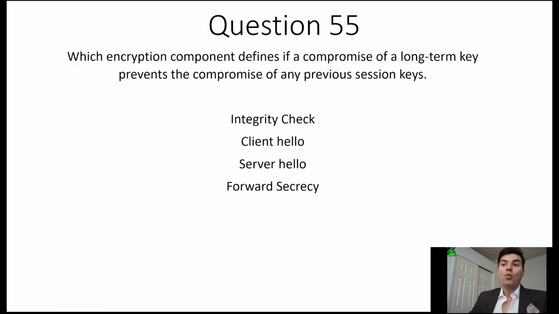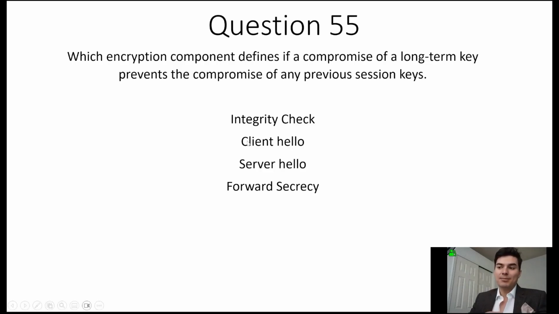Question 55. Which encryption component defines if a compromise of a long-term key prevents the compromise of any previous sessions? Well, we just looked at that, and that would be called forward secrecy or perfect forward secrecy. The other options here, the integrity check, that's referring to checksums on a message or cryptographic hashes to see if the data has changed. This client hello and server hello, that's talking about TLS connections.